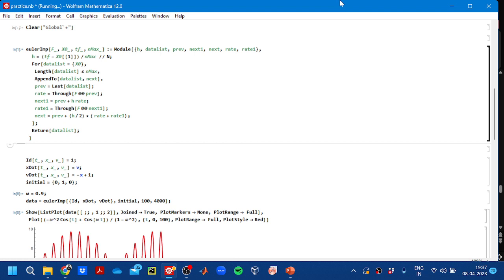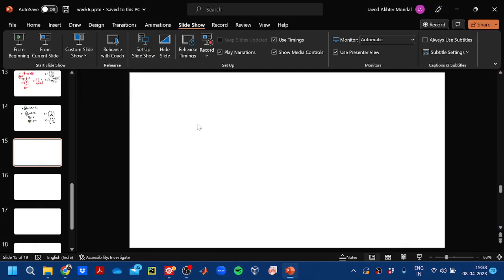But generally, it doesn't take that much time. It will evaluate within 1-2 seconds or so. So this is the basic idea of solving. So in that spirit, you can take any kind of complicated differential equation.